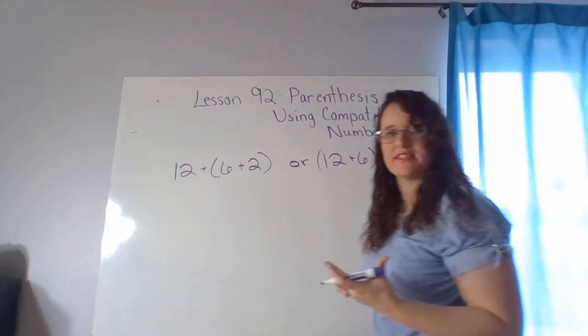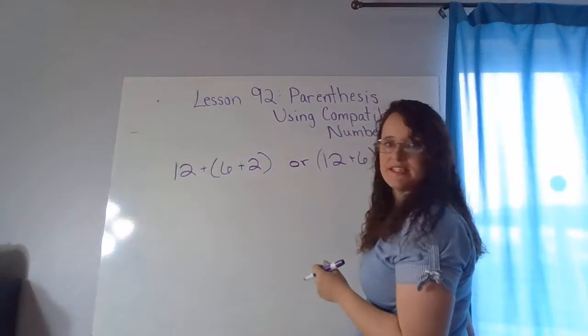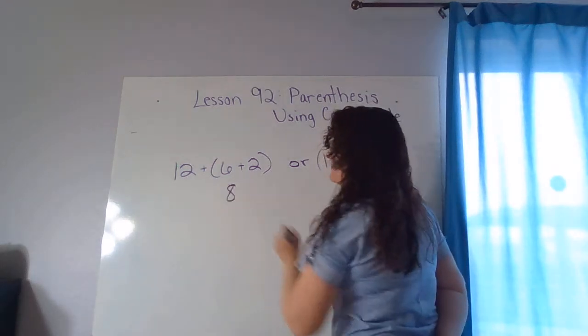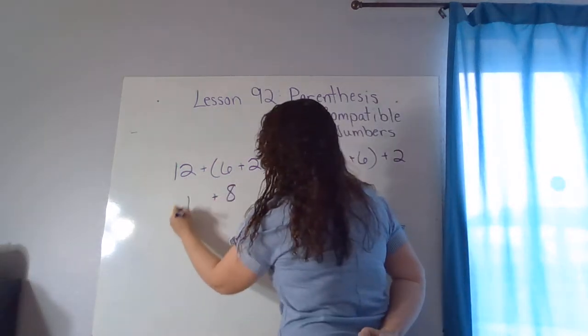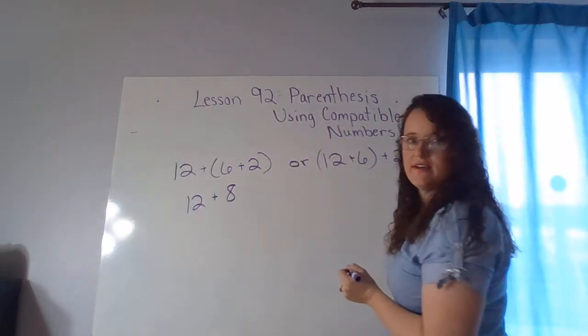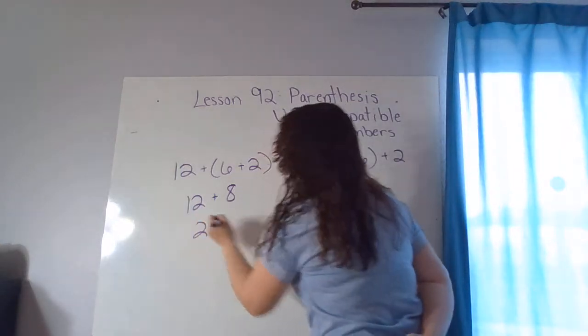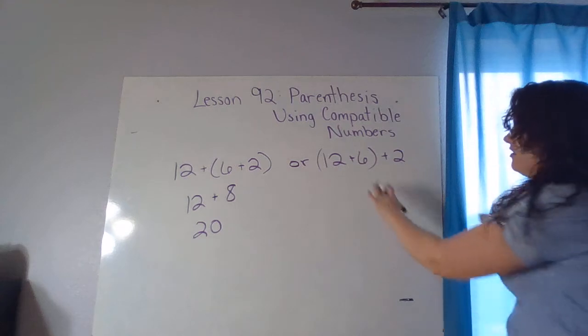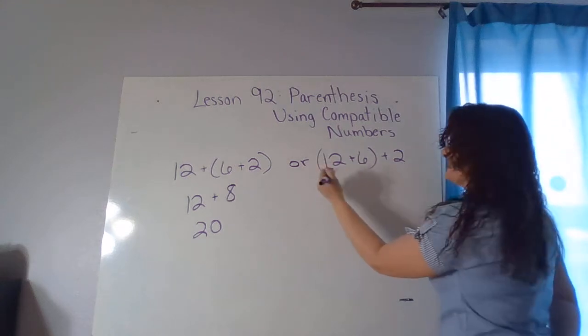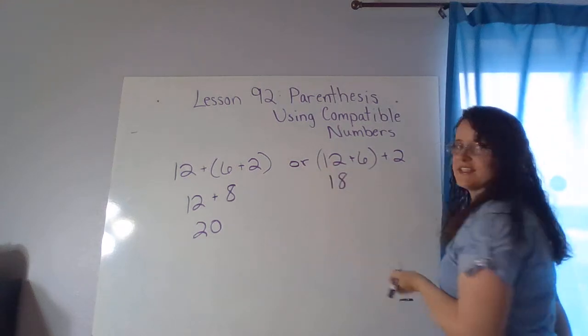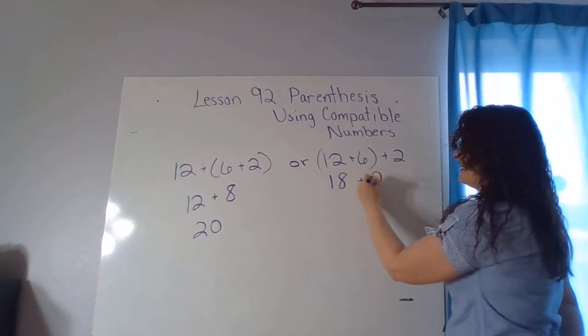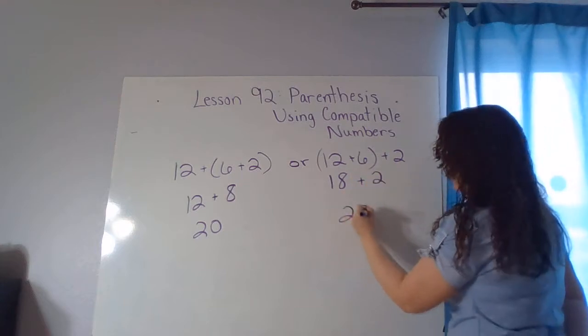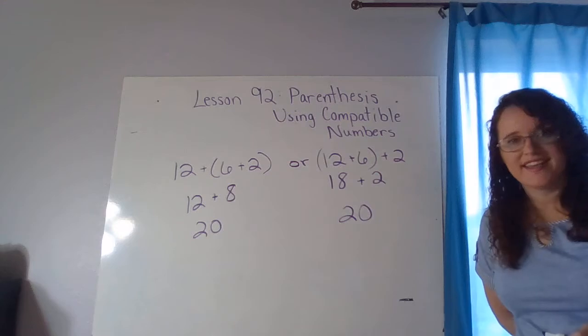Let's switch these orders and see what happens. 6 plus 2 gives us 8, plus 12, that's going to be 20. Over here, 12 plus 6 gives us 18, plus 2, again, it's 20.